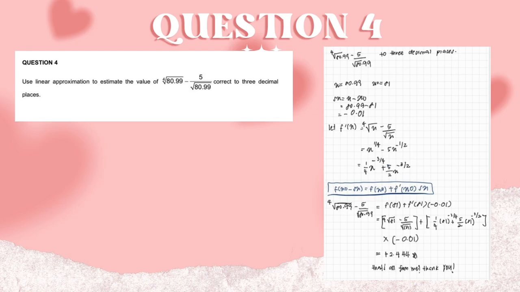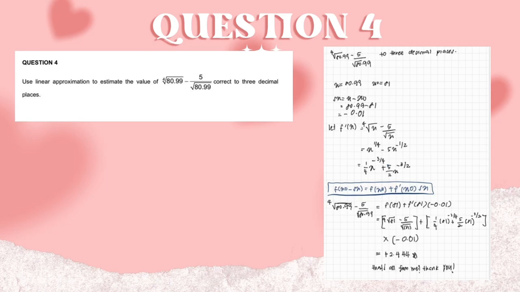If you differentiate, you will get 1 over 4x to the power of negative 3 over 4 plus 5 over 2x to the power of negative 3 over 2.